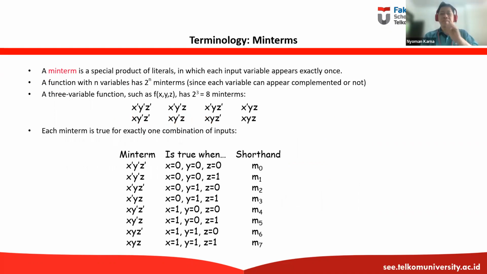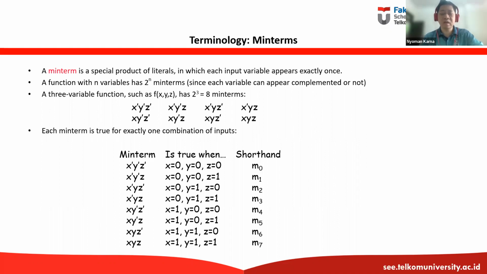Now, in SOP, we understand the purpose of the min term. It's like an identification of, okay, if the input is in the combination 0, 0, 0, then we can call the output min term 0. If the input is in combination 0, 0, 1, then we can call the output min term 1.